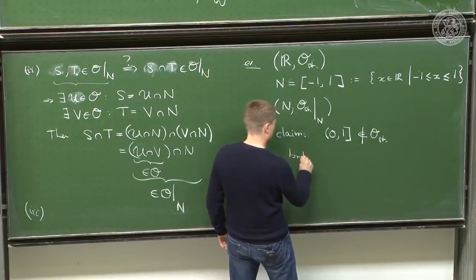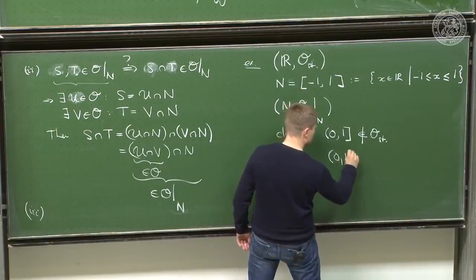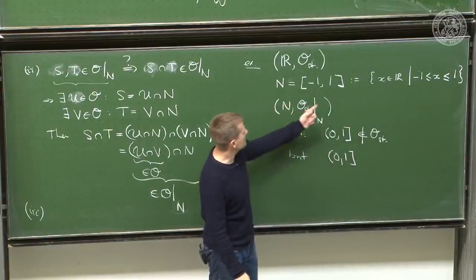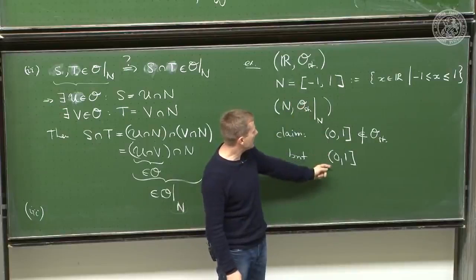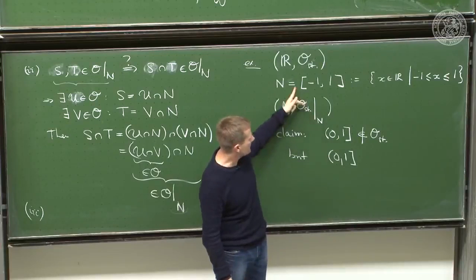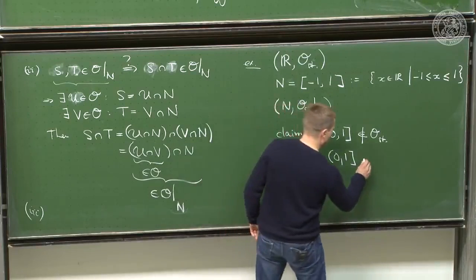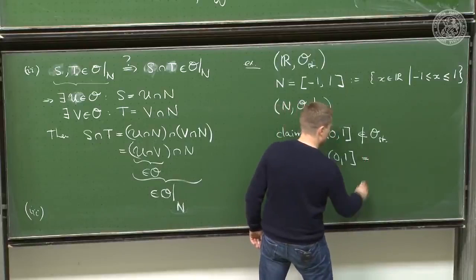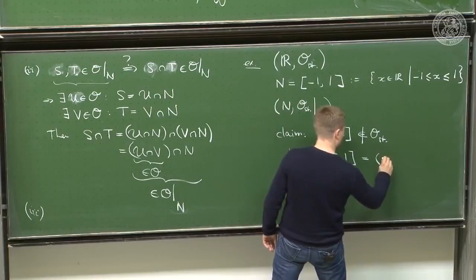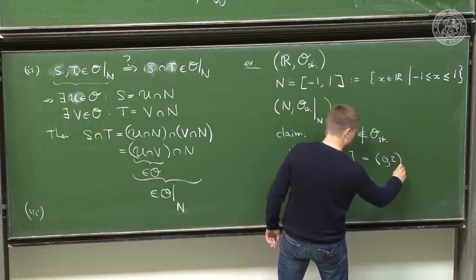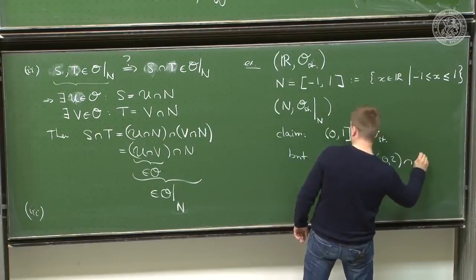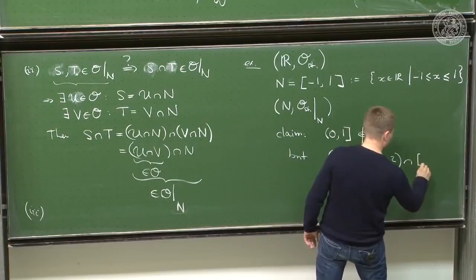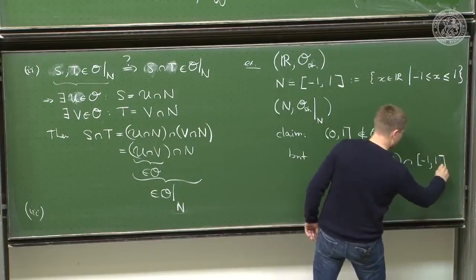But the very same set is also a subset of N. It lies in this interval, so it's a subset of N. And I can ask whether in the induced topology on N it's open. And in fact, it is open because it can be written as the open interval 0 to 2 intersected with -1 to 1.